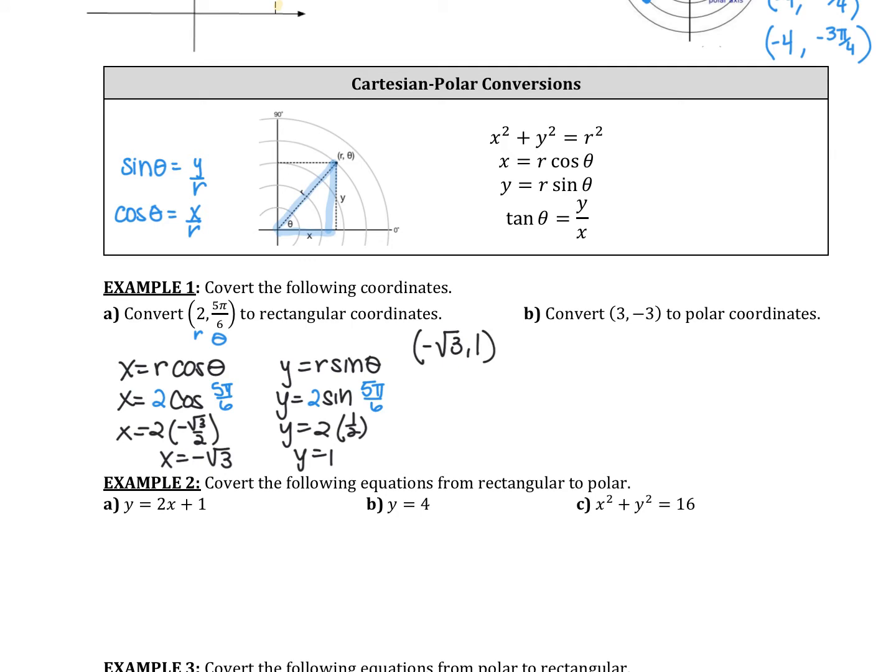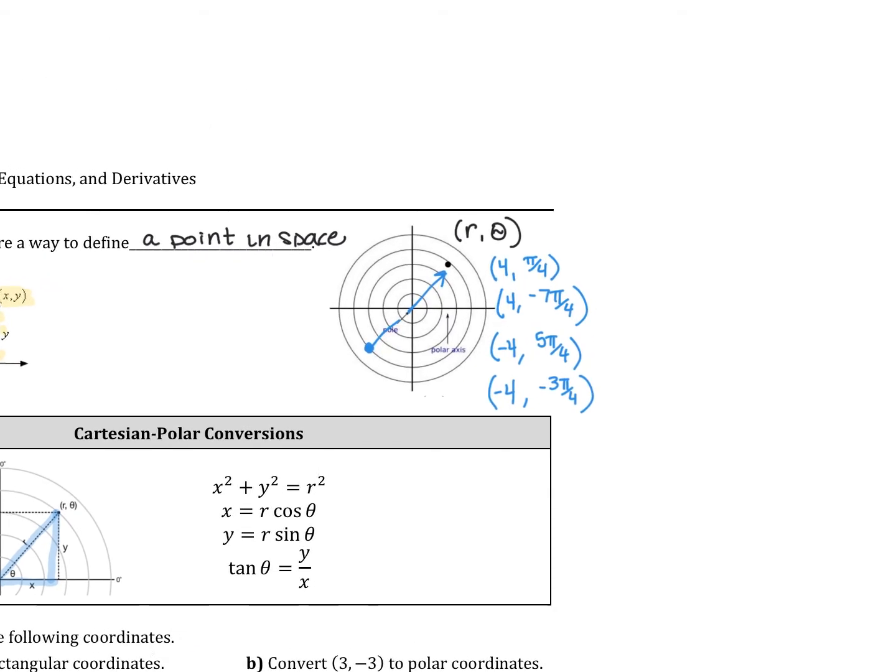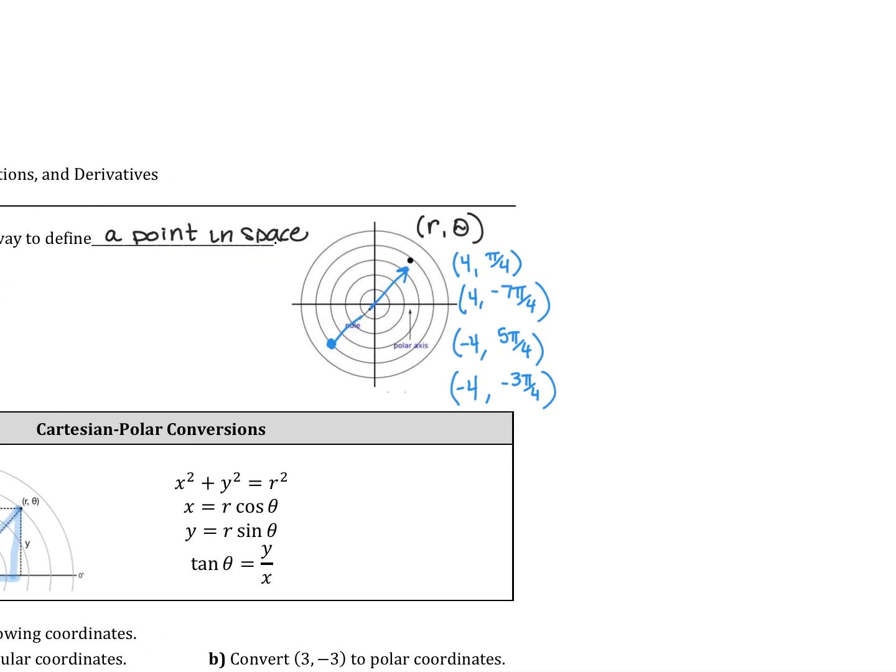Now, since I don't have a polar graph down here, I'm just going to scroll up just so you can see what this looks like. And if we go back to this picture up here, let's just erase what's there. 2, 5 pi over 6. 2 rings out, and 5 pi over 6 is not quite pi. So 5 pi over 6 is somewhere right here.